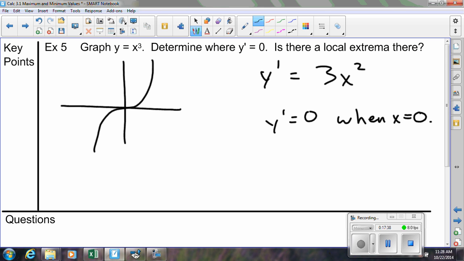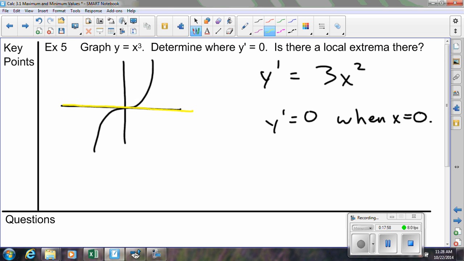Well, just because x equals 0 gives us a horizontal tangent line, that does not guarantee we will have a relative or local maximum or minimum. Our tangent line is here.